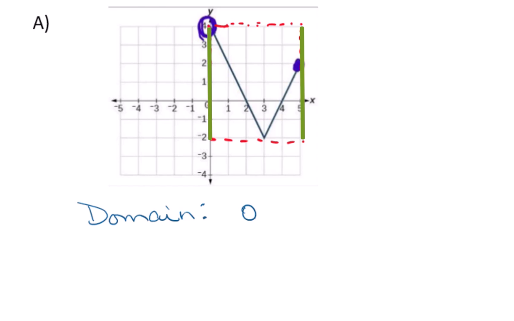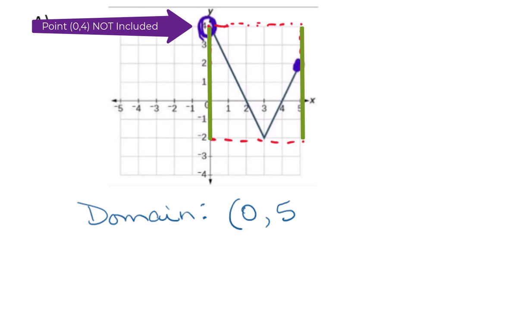So those are our endpoints. 0, 5. Now we have to figure out what kind of grouping symbols we would use. Well, for 0, notice the point up at top has an open circle, and so that means that point is not included. So for 0, we would use parentheses. When we go out to the 5, that point has a colored in circle, a closed circle, so that means we would use a bracket.